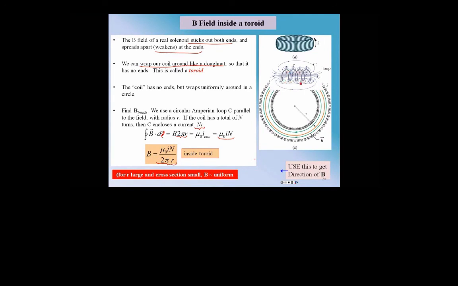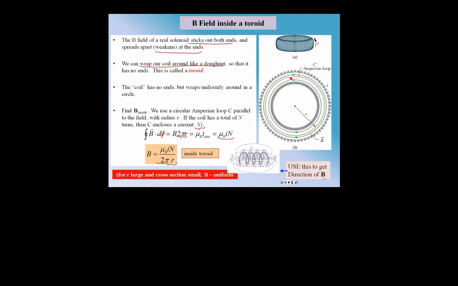You might not be able to see it, but that's the way it is up here. Coming up here, we're coming out of the paper or page, and here we're going in, just like this section of the wire. So the B field is in this direction, which means in this direction here. So that's how you would deduce what direction the B field is for this particular arrangement.